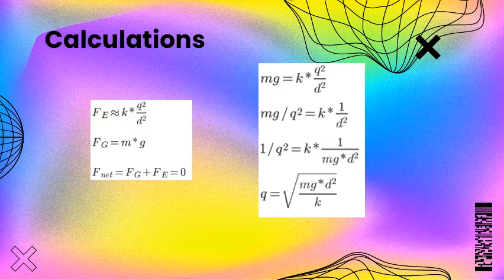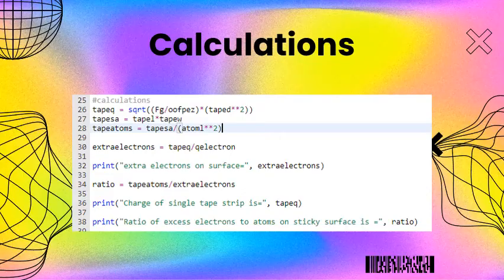As we discussed before, we have the force of gravity, and the net force is equal to 0. And this is the approximate equation we were given in the experiment to help us find Q with the assumption that the charges are equal. And then here's how I algebraically found Q in terms of the force of gravity, the distance, and the K constant.